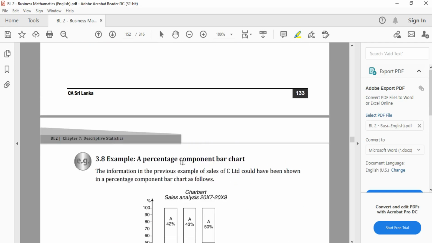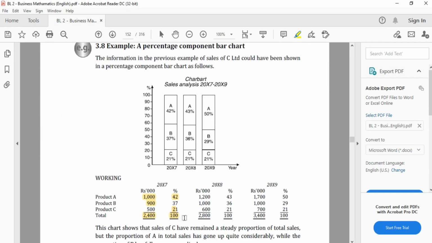Now, see, in percentage, it shows that C had the same proportion. So you should say in the exam that C's sales are not increasing compared to B and A because it's still at 21% of the total sales.